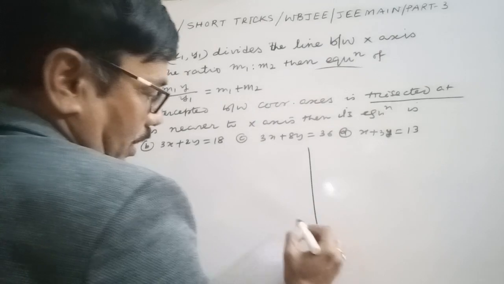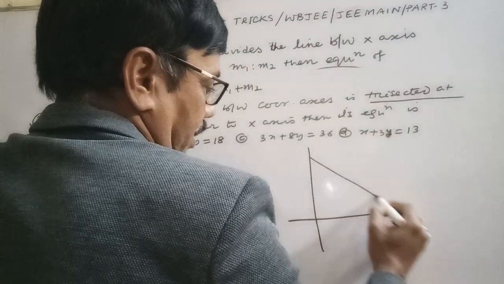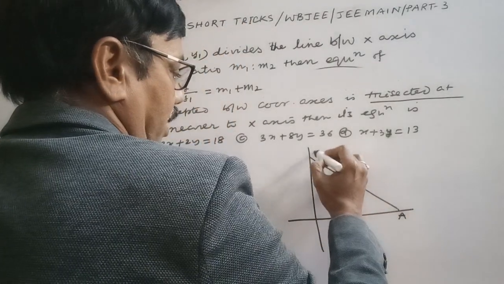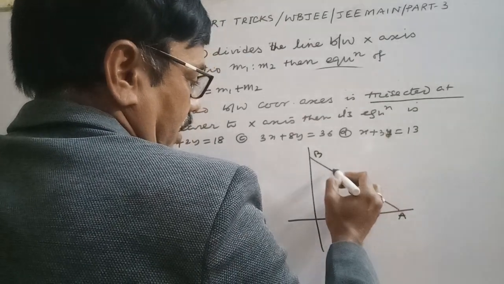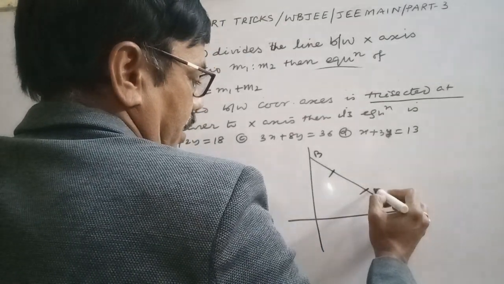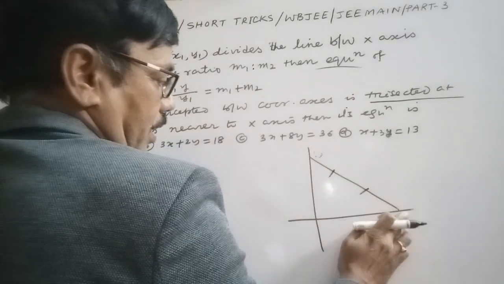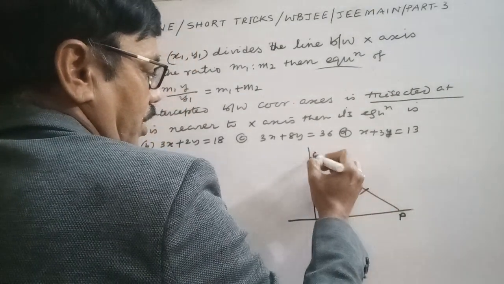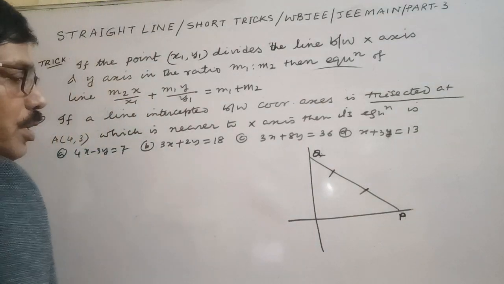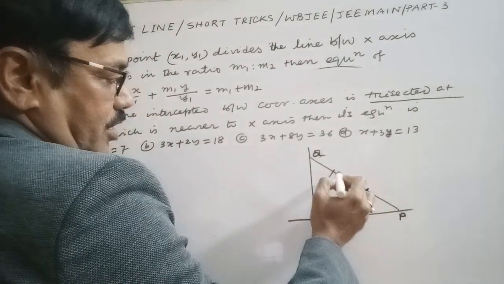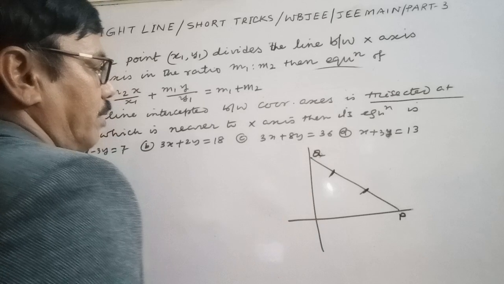So look at the figure. This is AB, the line between coordinate axes. It is trisected, divided, suppose it is PQ, into 3 equal parts. This is 1, this is 1, this is 1.